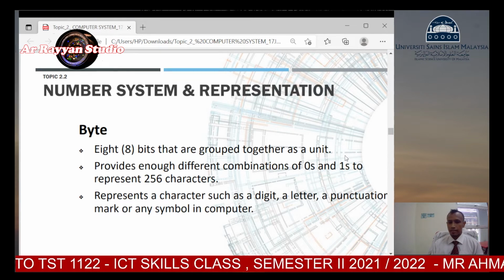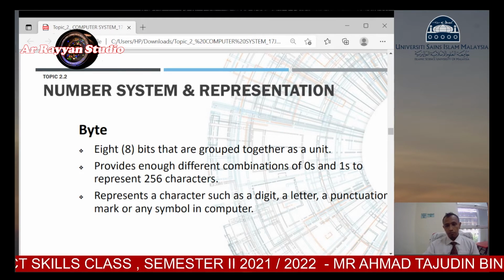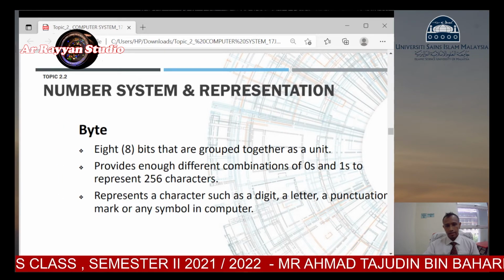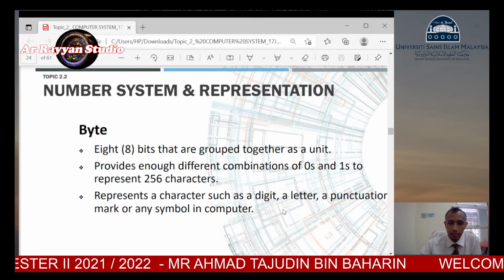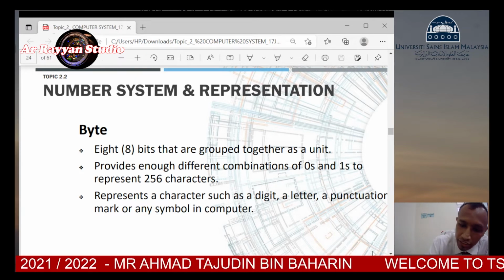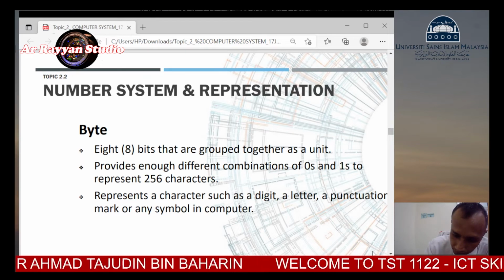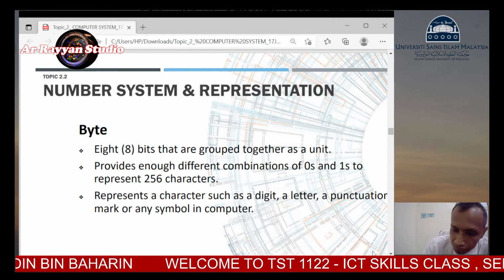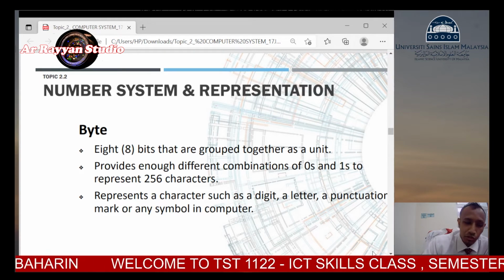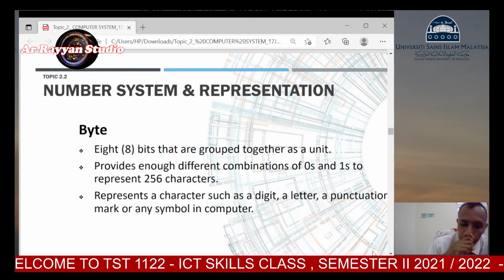Right, represent the characters such as a digit, a letter, a punctuation mark or any symbol in computers. So 256 character tu adalah you punya keyboard tu. Betul tak? Betul ke tak? Cuba you kira keyboard you ada berapa digit? Ada berapa button?